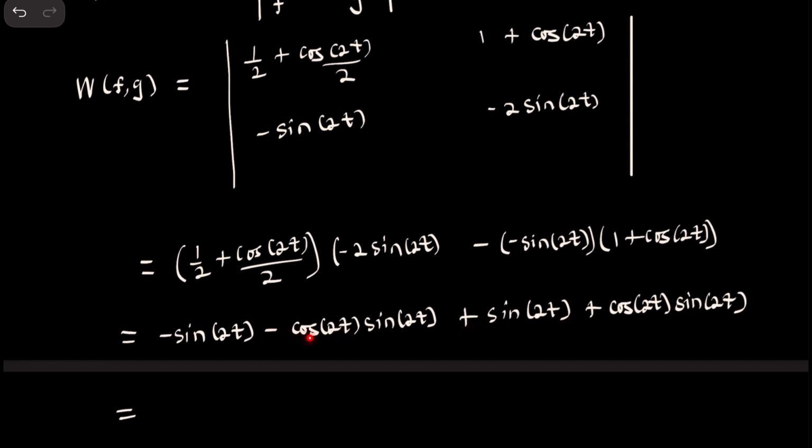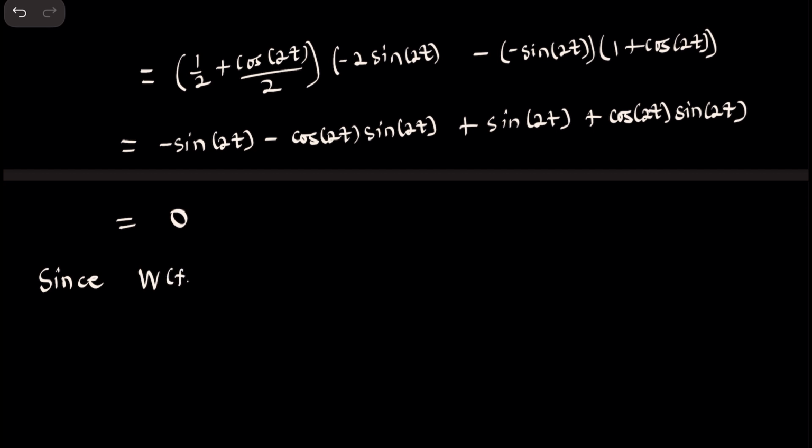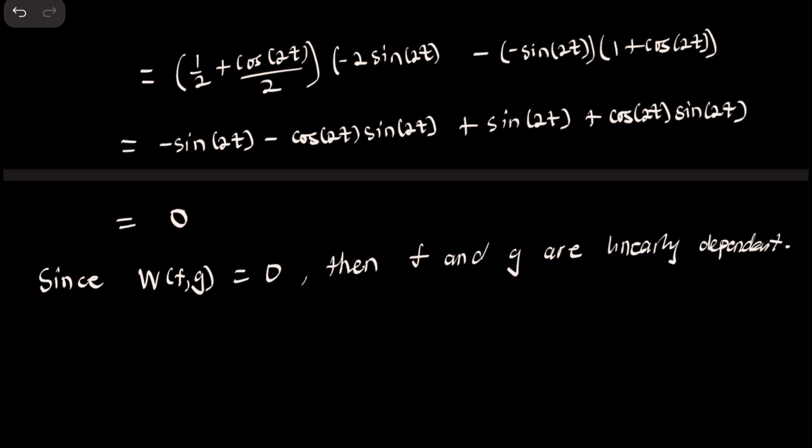Here also we have minus cosine of 2t sine of 2t, and then plus cosine of 2t sine of 2t, so that term also goes to 0. So we're going to have our result to be 0. Since the Wronskian of f and g is equal to 0, then we say that f and g are linearly dependent.